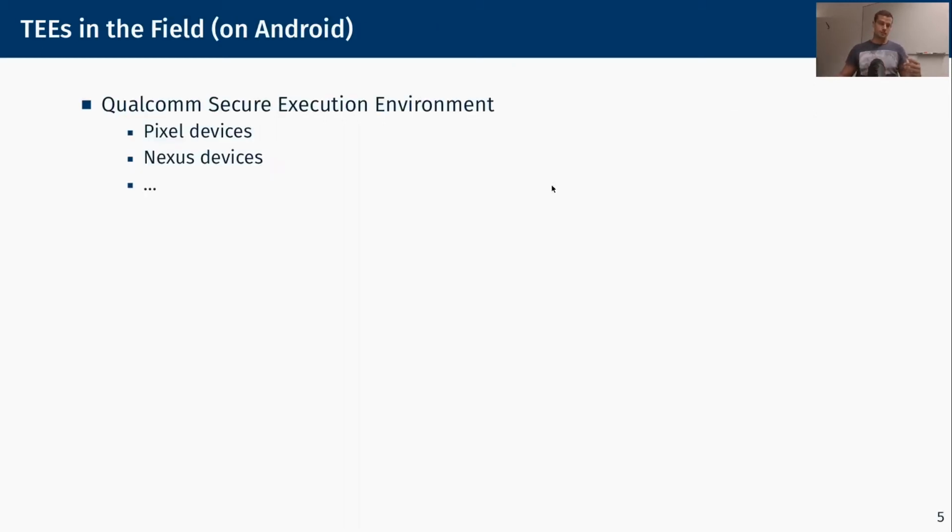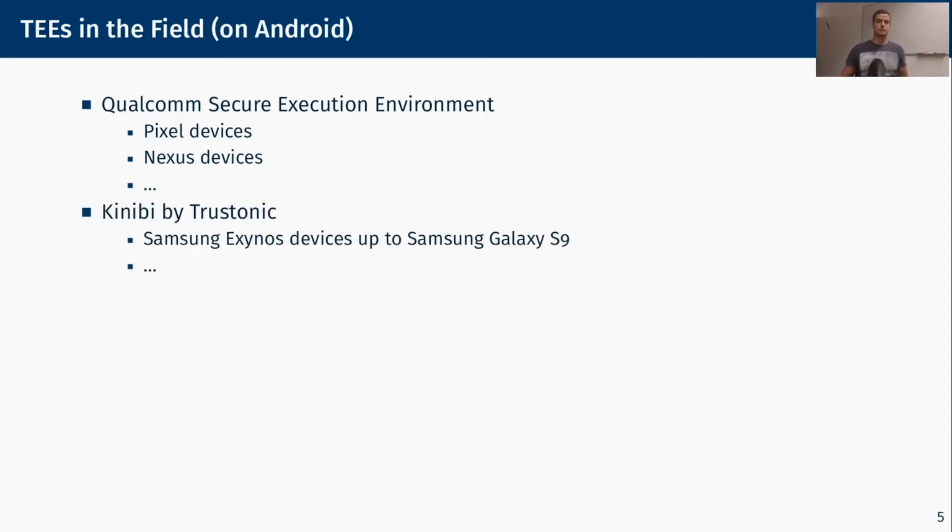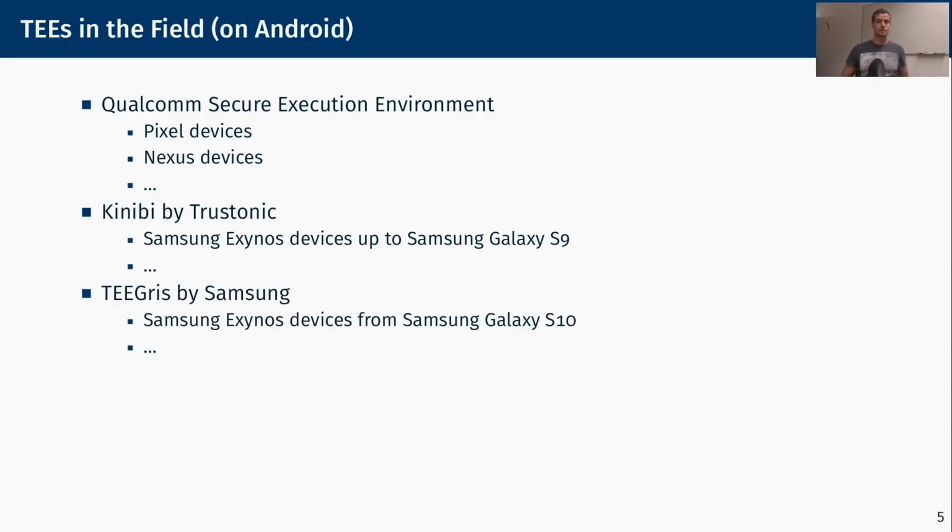Just to give you an impression of what TEEs are out there on Android devices: on Snapdragon chipsets, you'll usually find the Qualcomm Secure Execution Environment, with examples like Pixel and Nexus devices. Then there's a TEE implementation by Trustonic that has been used by Samsung.